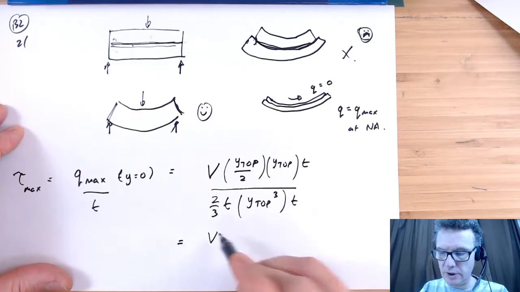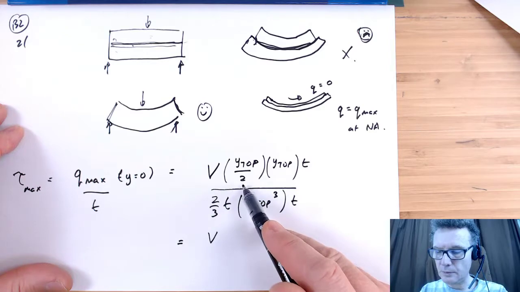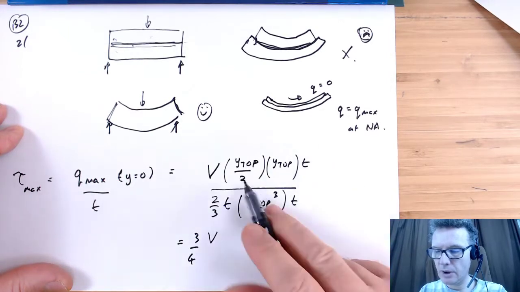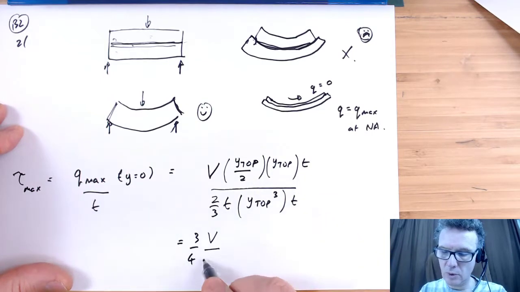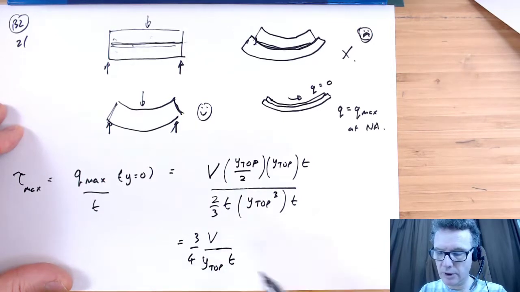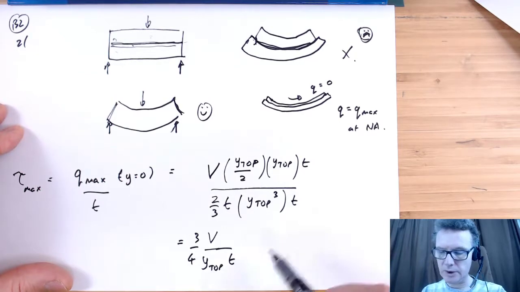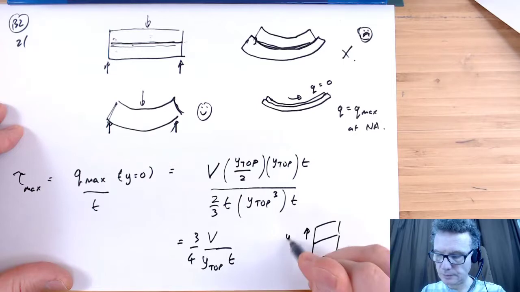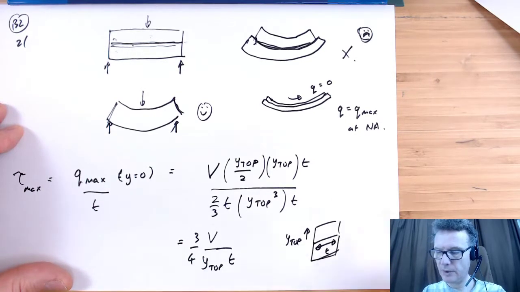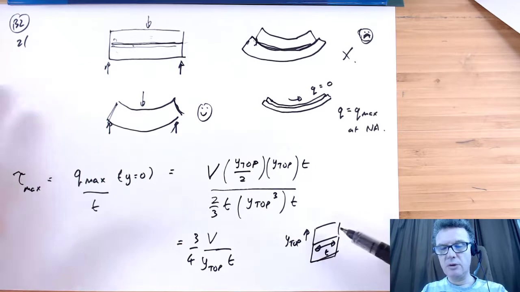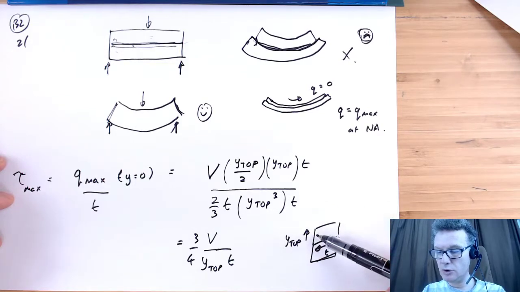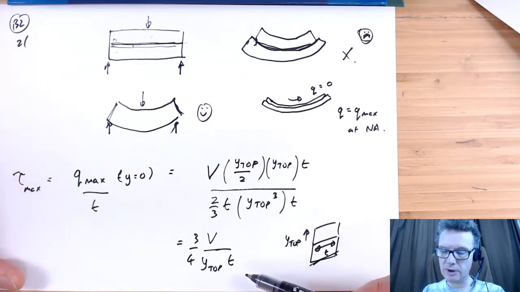It gives me V is 3/4, and I'm going to end up with y top divided by T. So that gives me a different value to what you would expect the shear stress to be, which would be V divided by 2 y top, divided by the breadth, the T. In actual fact, this value is going to be a bit bigger.